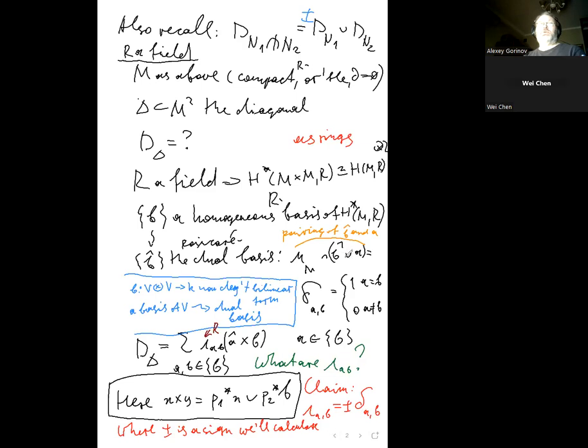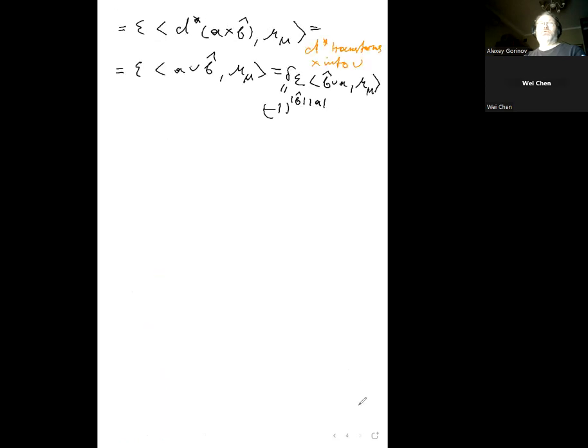B roof cup A is what we get from this formula, and the result is delta A B.